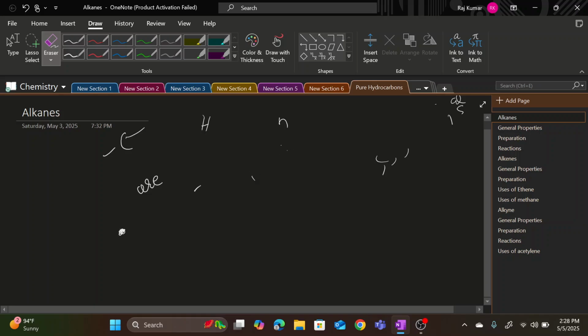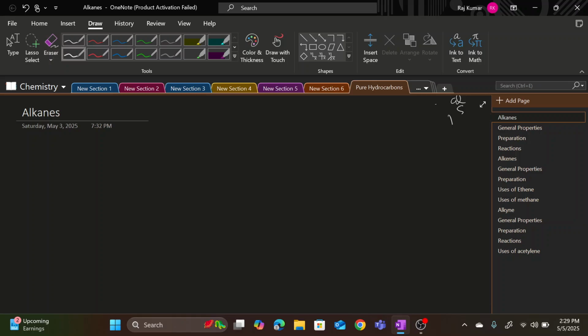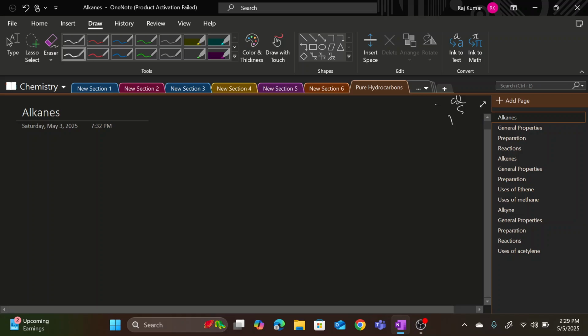Here we are going to look into some basic understanding of what alkane, alkene, alkyne actually are. Alkanes are also known as paraffins, because para means high and affin means affinity, so they have a high affinity towards hydrogen. They have a greater love for hydrogen, due to which these are known as paraffins.